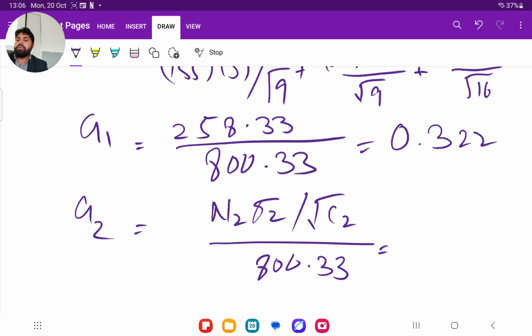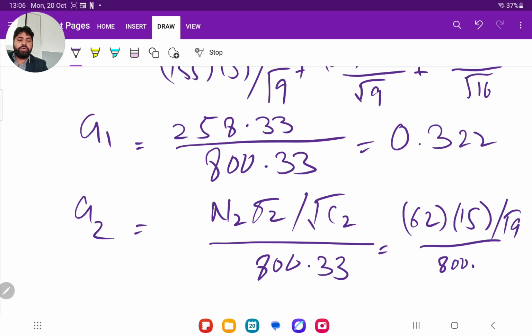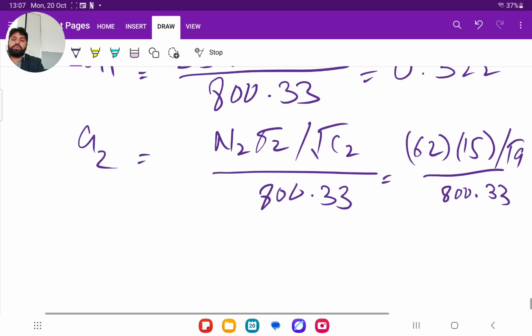So you just need N2, which is 62, sigma 2 is 15, and cost is 9, divided by 800.33. So this denominator will be used in each of A1, A2 and A3, the same denominator. The answer is 0.387.